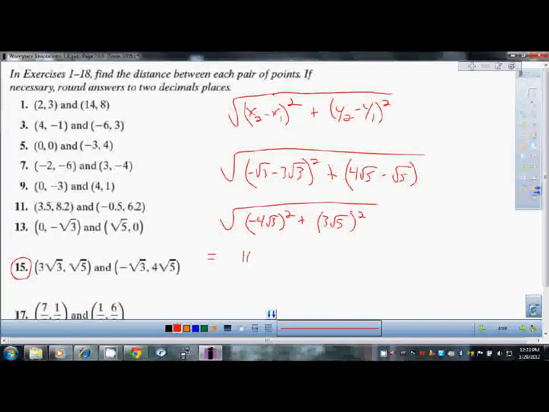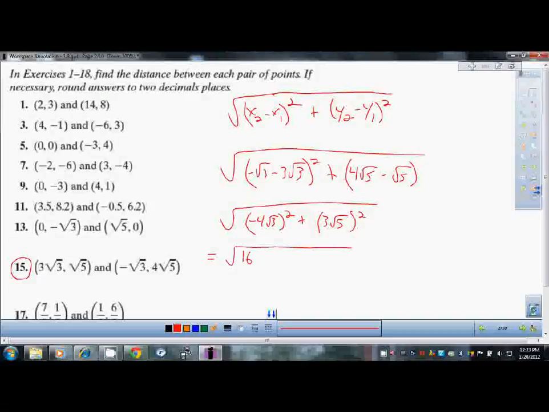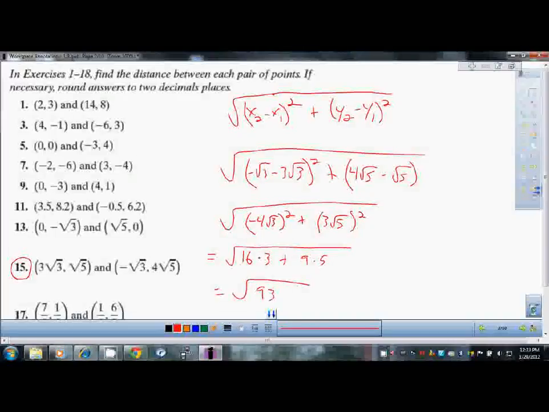Negative 4 squared is 16. Radical 3 squared is 3. 3 squared is 9. Radical 5 squared is 5. And then add those up. I believe it's 93. And then you're done.